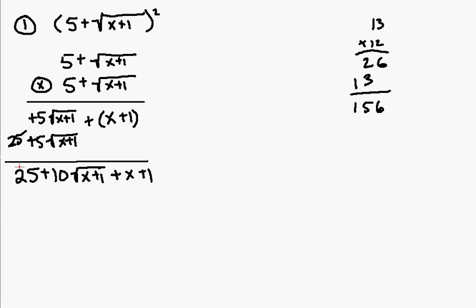So you notice here I have a 25 and I have a positive 1. So 25 and 1 is 26. So my final answer is going to be 26 plus 10 times the square root of x plus 1 plus x. And that is my final answer.